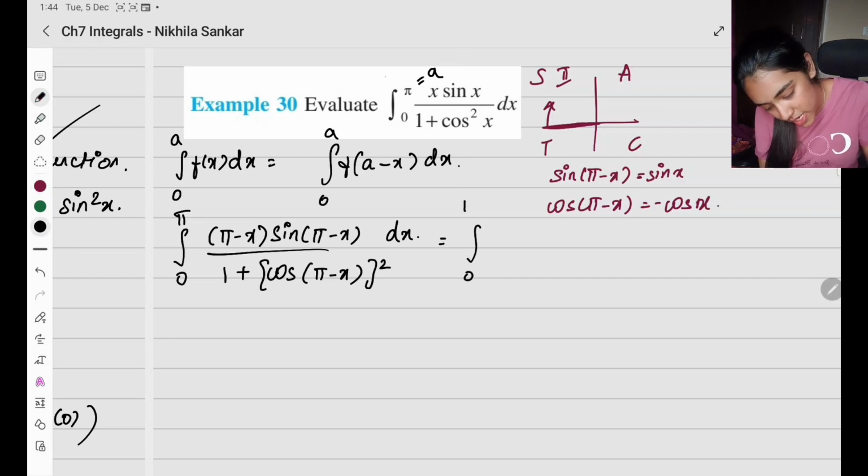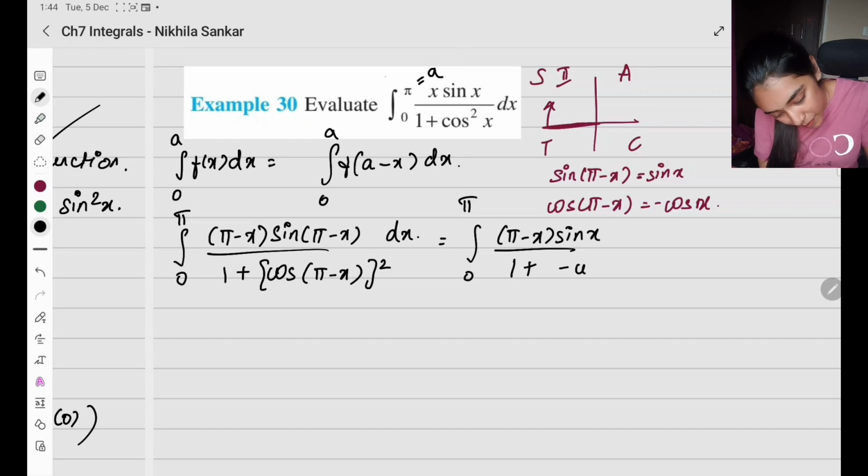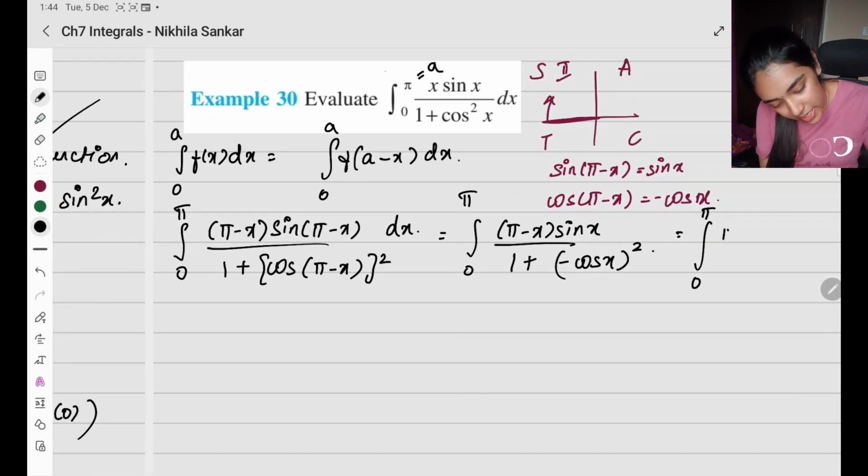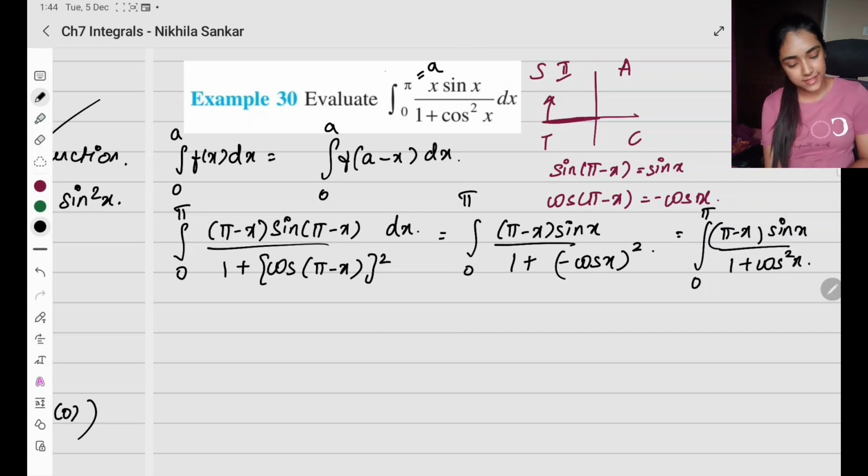So this becomes 0 to pi times pi minus x sine x divided by 1 plus minus cos x the whole square. So minus cos x the whole square simply becomes plus cos square x. So my integral becomes 0 to pi times pi minus x sine x divided by 1 plus cos square x.